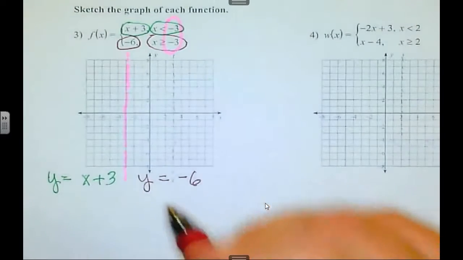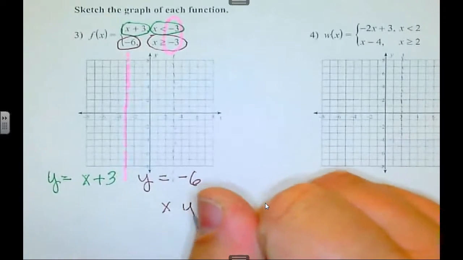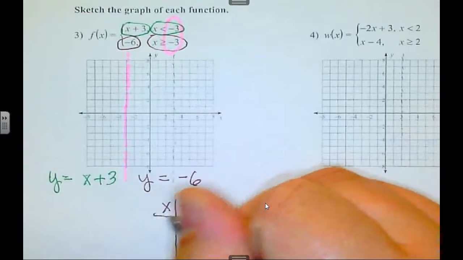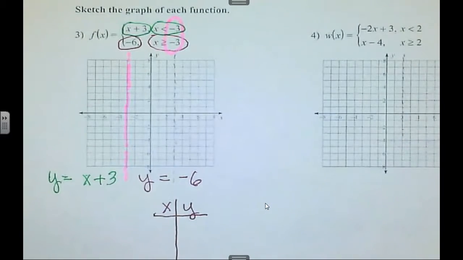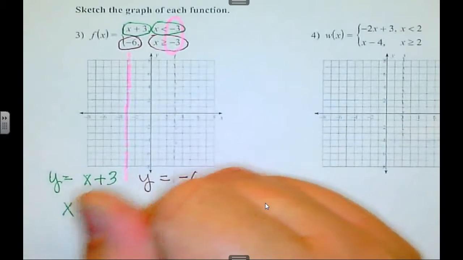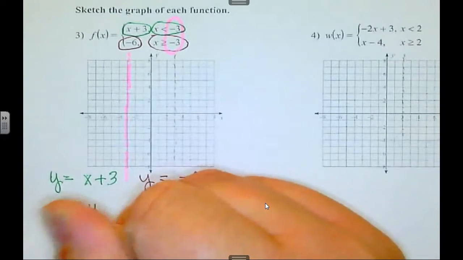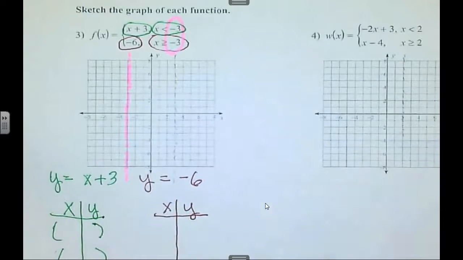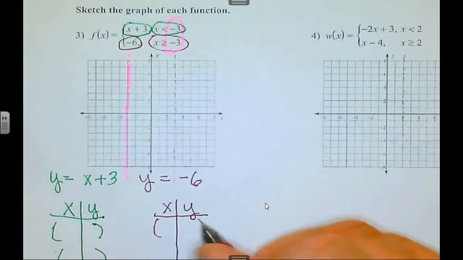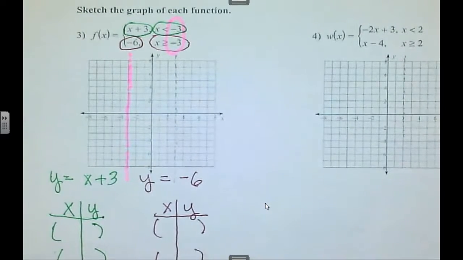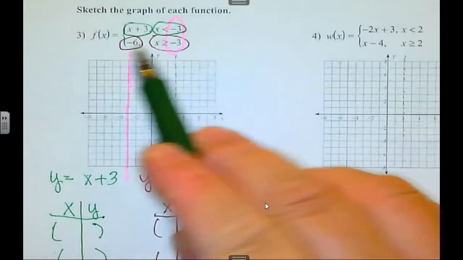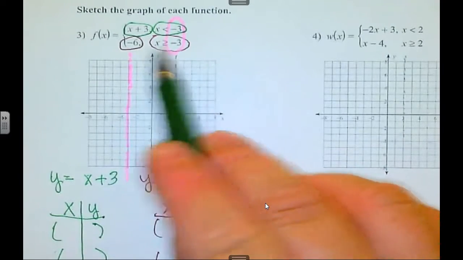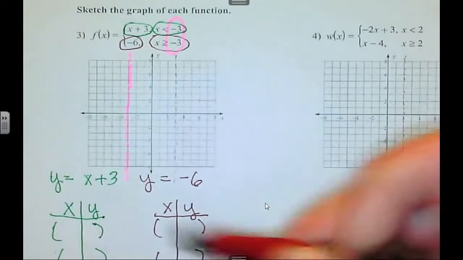Okay, I got to find points for each line. And, of course, I need 2 points to make a line. Let's see, my closed circle is with the -6 function.